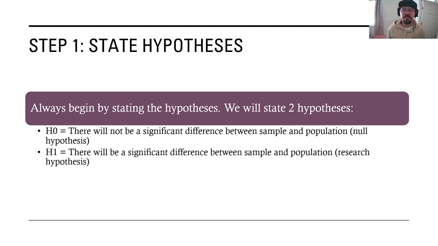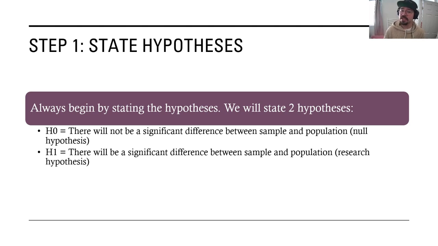H1 is going to be our research hypothesis. Now, I want you to know that there are actually other terms that we can use to refer to this hypothesis. Sometimes you'll see it referred to as research hypothesis. You may see it referred to as an alternative hypothesis. You might also see scientific hypothesis. But they're all representative of the same idea.